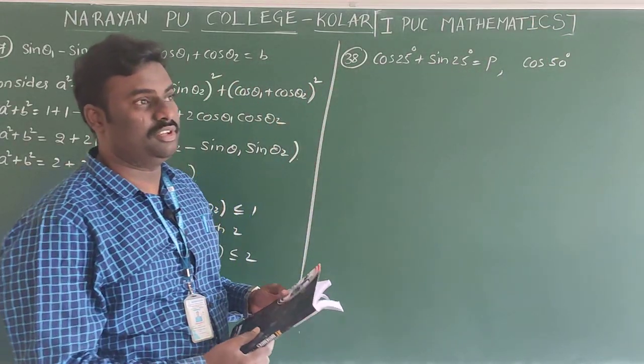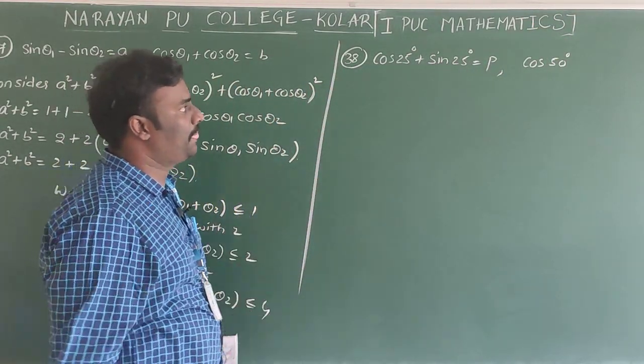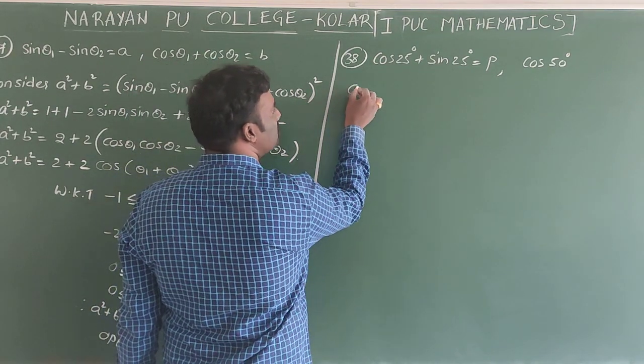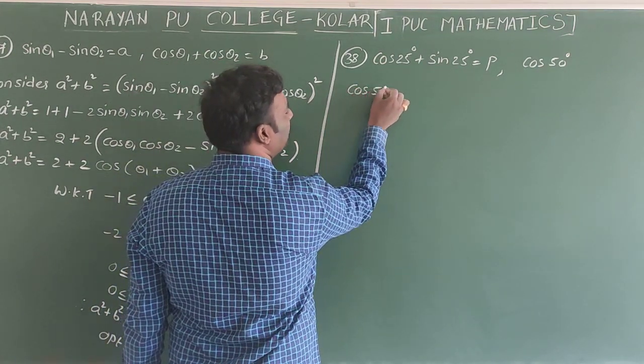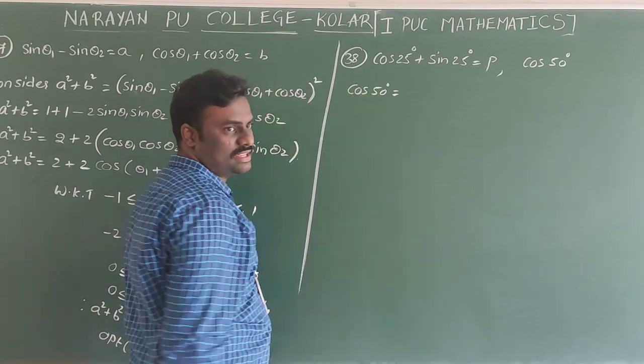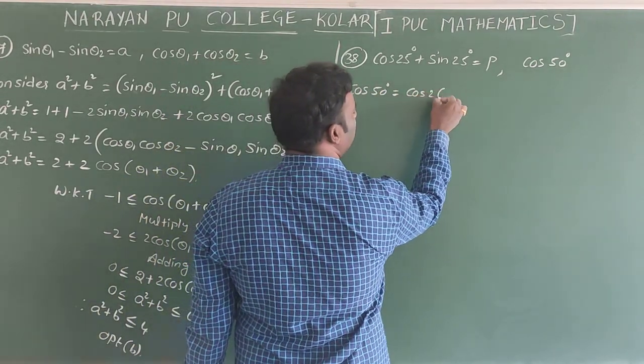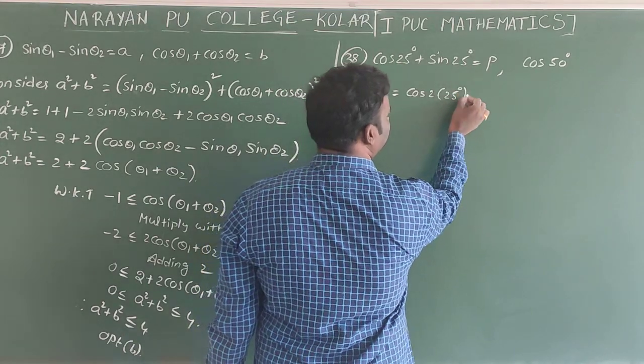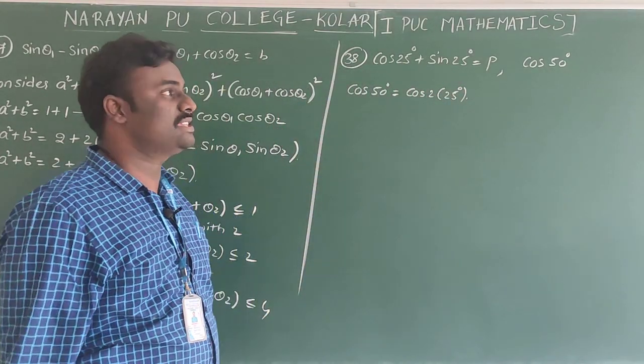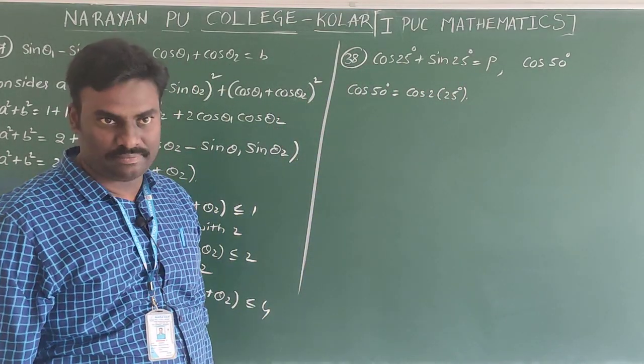Cos 50 value we need to find. See here, cos 50 can be written as cos 2 into 25. It is in the form of cos 2a.